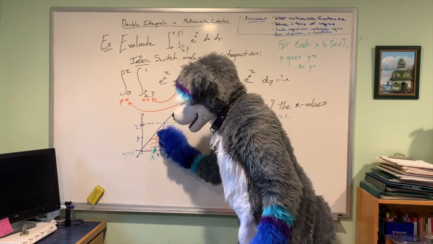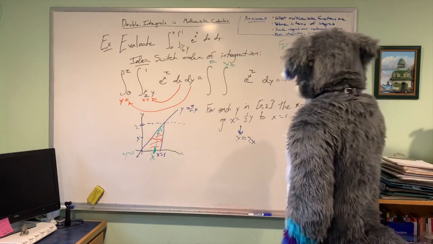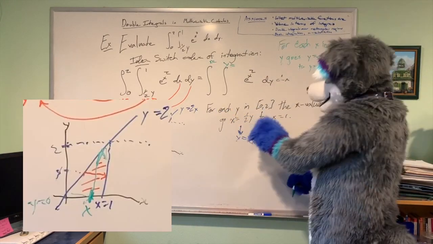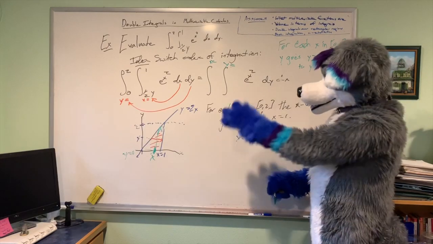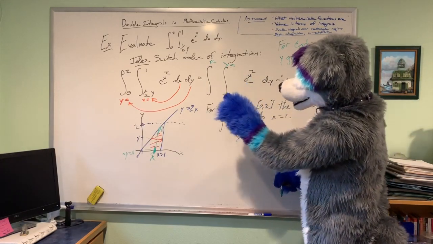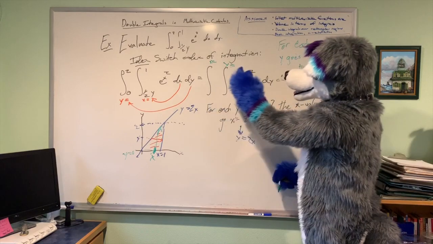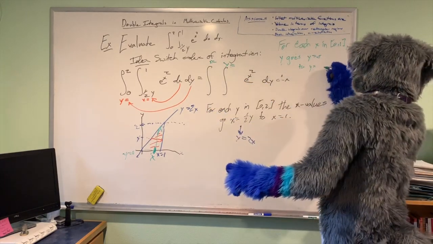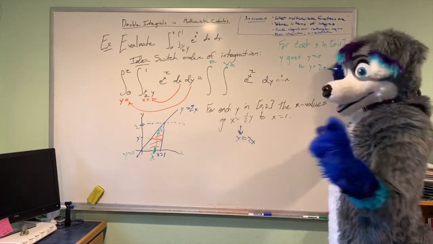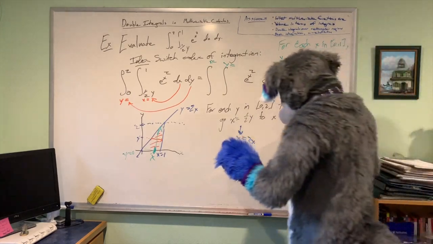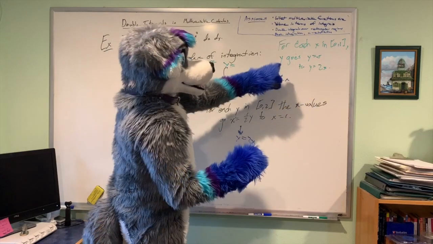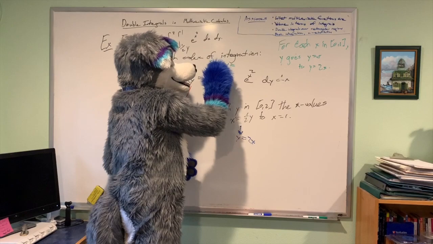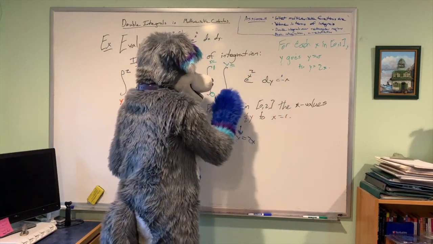So you go from y equals 0 up to the line. It's not x equals 1/2 y like before. I write x equals on the outside, y equals on the inside. So now we want y equals 2x, not x equals 1/2 y. So we've got our sentence: x goes from 0 to 1, and y goes from 0 to 2x.